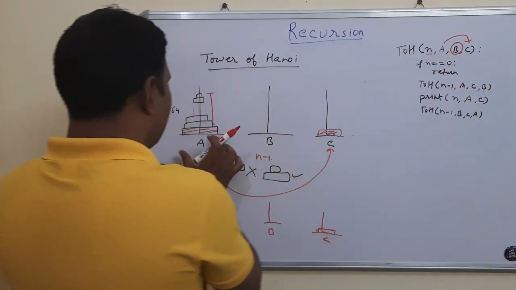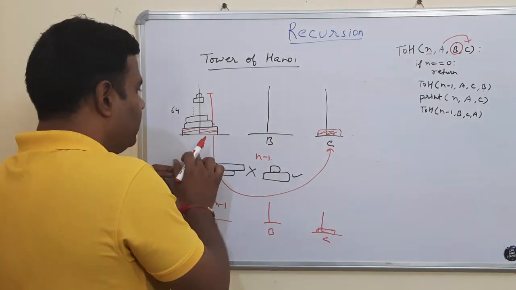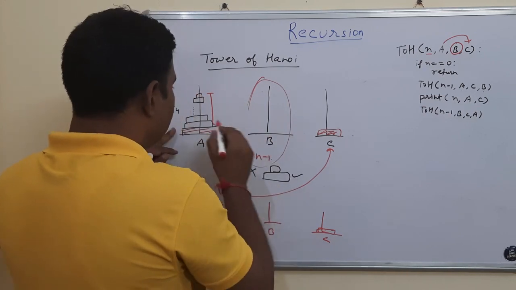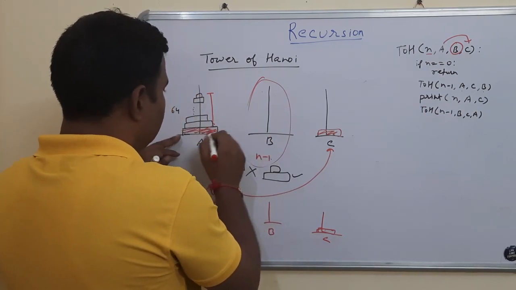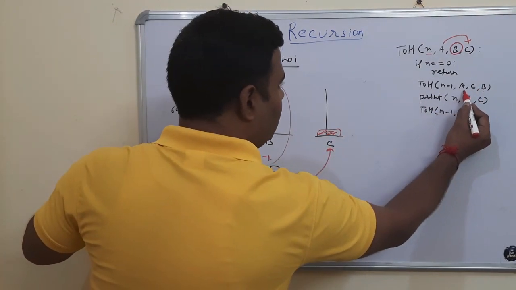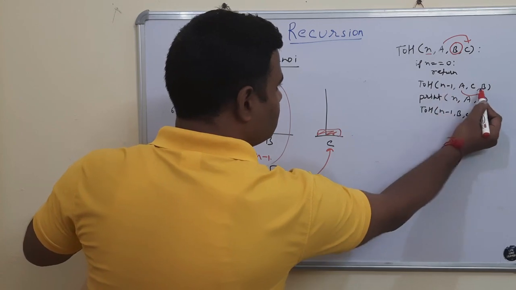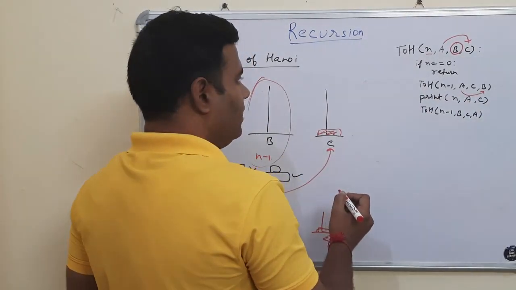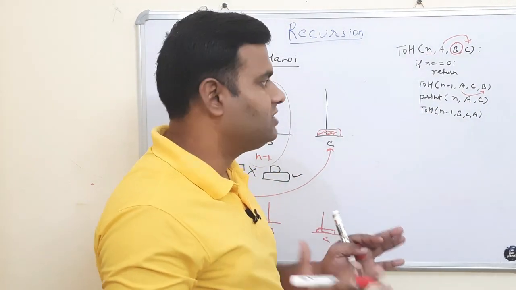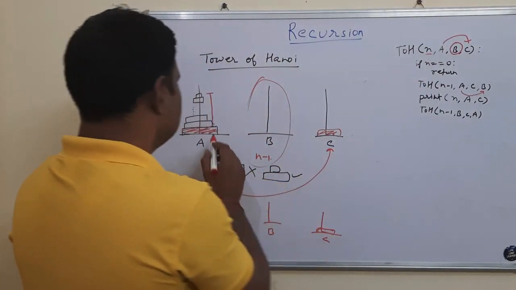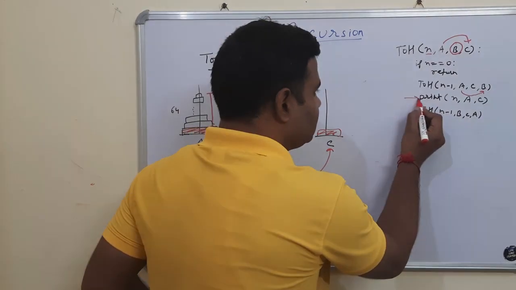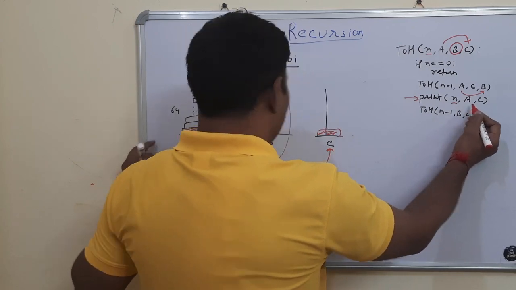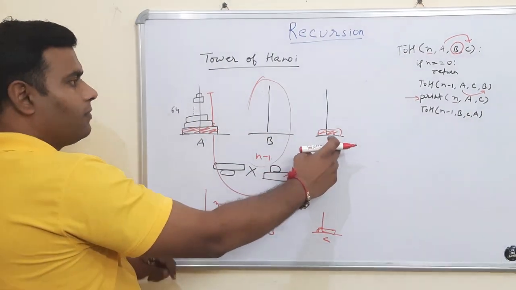Here we are saying: move all the n minus 1 disks from A to B first to attain this state, so that at the last we can move this particular disk to C. After this is done, we can do our final step for the movement of the highest disk, and we have printed that step: the nth disk moving from A to C.